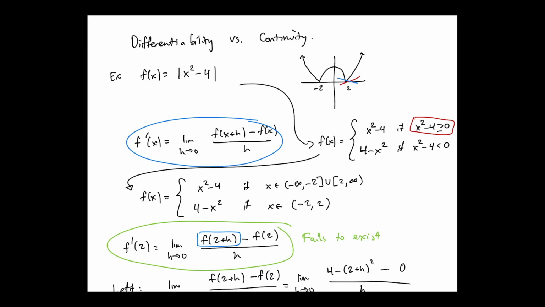So what about the flip question? I just figured out a function that's continuous but not differentiable. Do you think it's possible for me to come up with a function that's differentiable but not continuous? Hmm? So you're shaking your head. Is it possible or no?